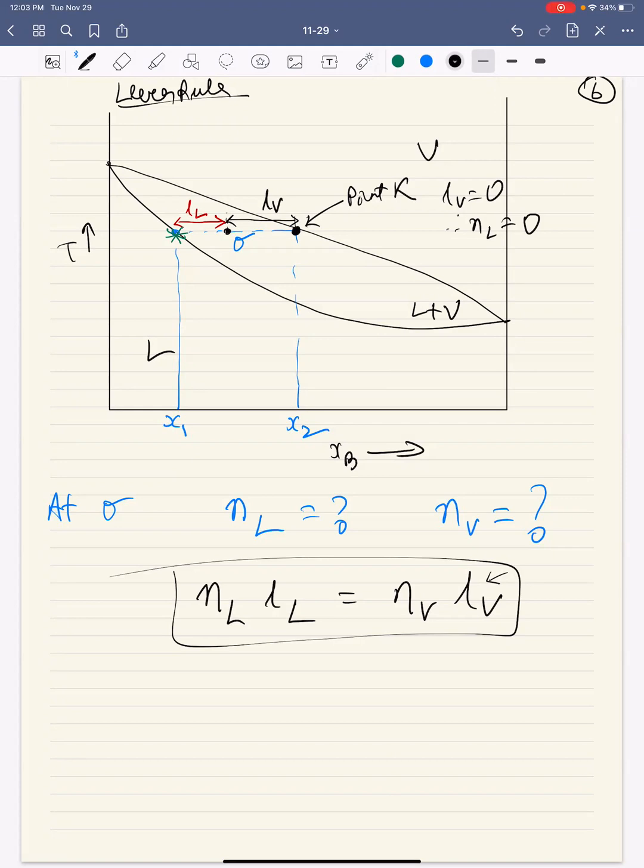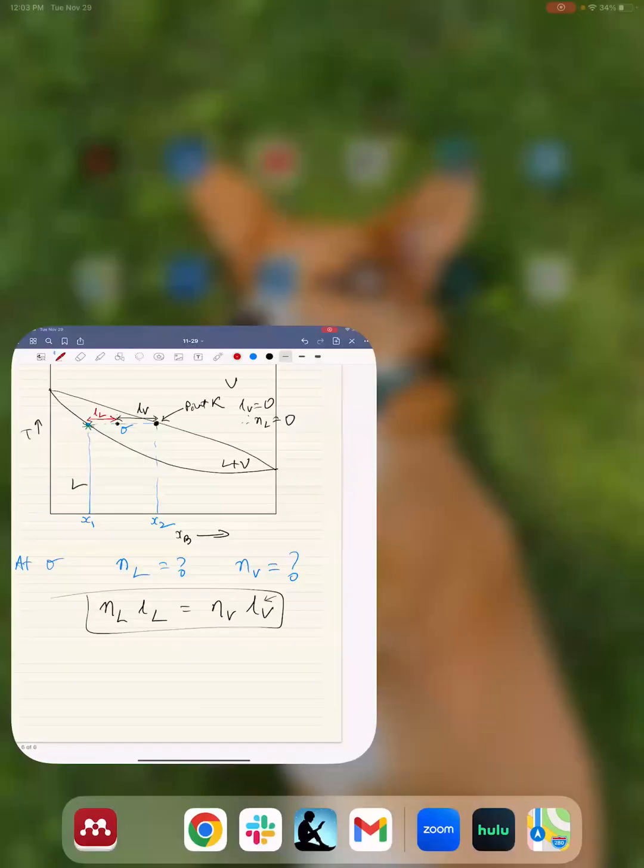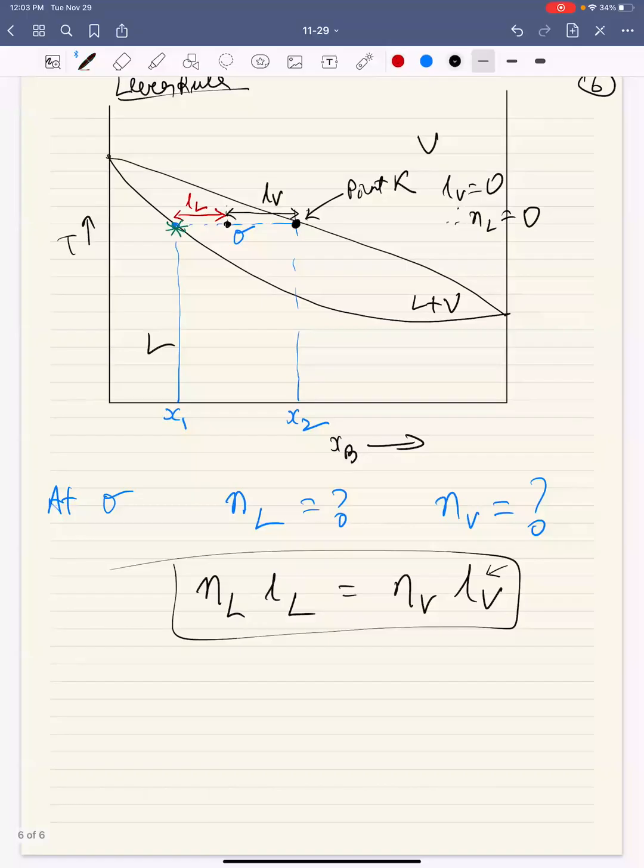So in order to get to mole fractions, let's divide both sides by NL plus NV. So what do we get? We have NL divided by NL plus NV is equal to LL.